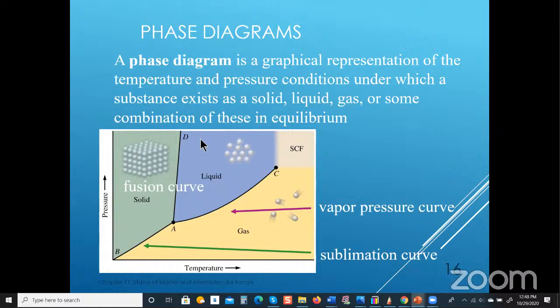Now, these regions here, here, and here are where you'll find one particular state at the indicated temperature and pressure, right? So let's say you want to look at a temperature at this point right here, and over here you have a pressure.